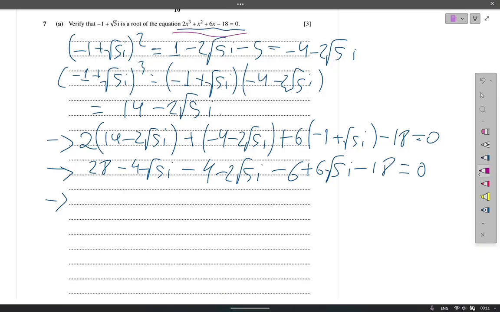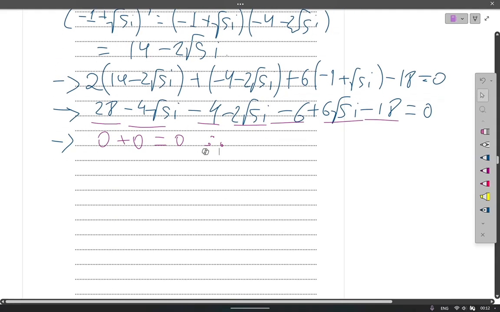So as we can see here, 48 minus 4 minus 6 minus 18 is just 0. And all these imaginary numbers actually equal 0, which means 0 equals 0 equals 0. And it's verified. It's true.